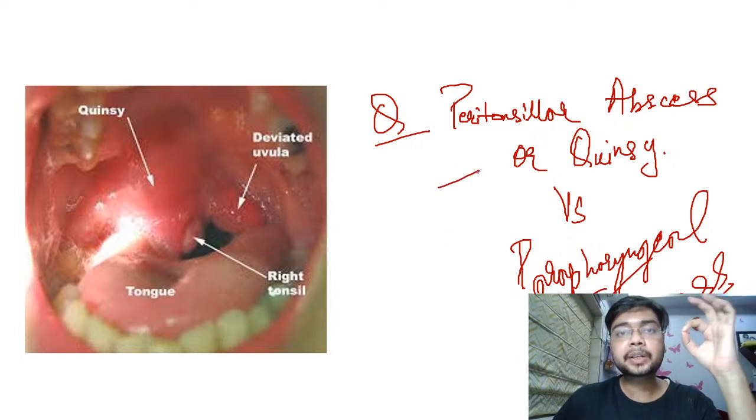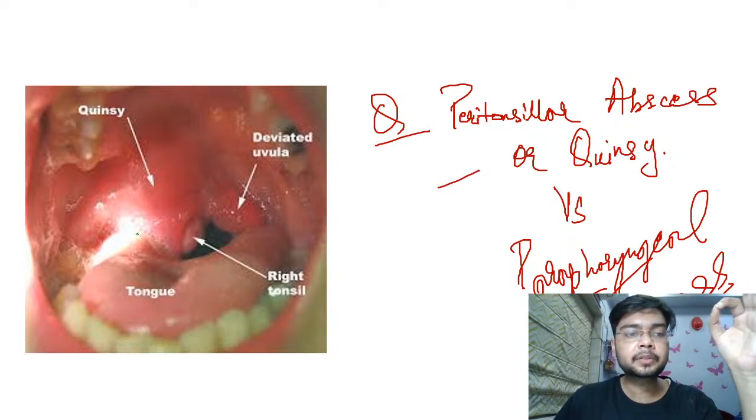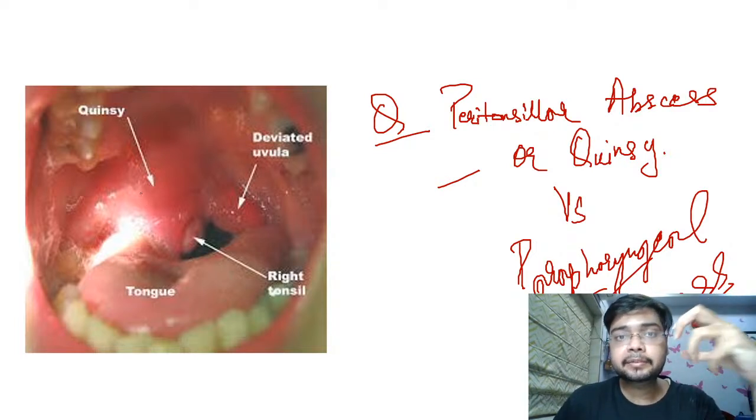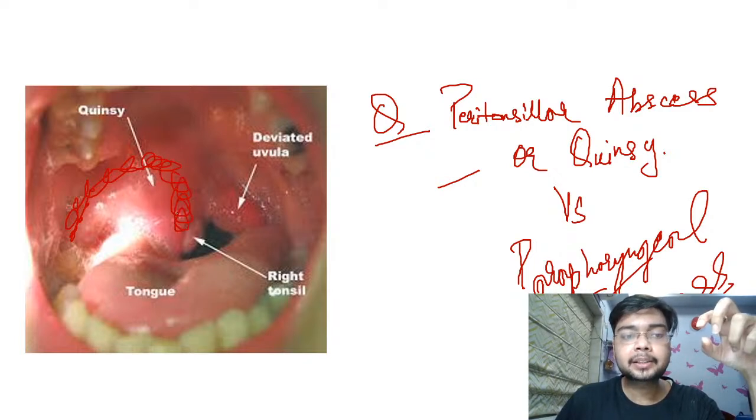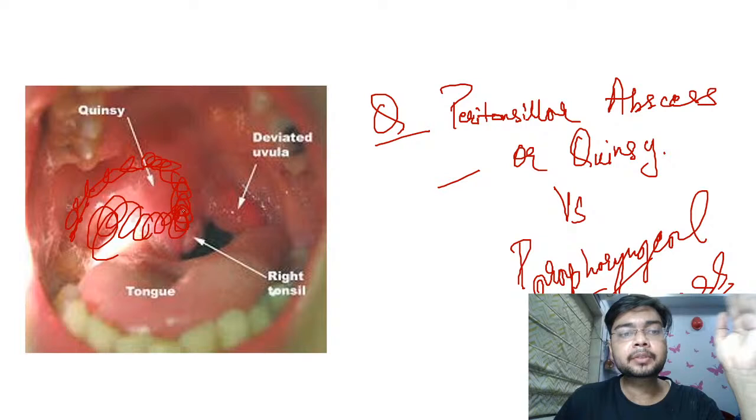In quinsy or peritonsillar abscess, what you will observe is your anterior pillar and your tonsils will be angry looking. They will be very angry with you, asking why are you going to treat me? So there is some infection in the peritonsillar space that is causing this angry look, and there will be deviation, pushing of the uvula to the other side.